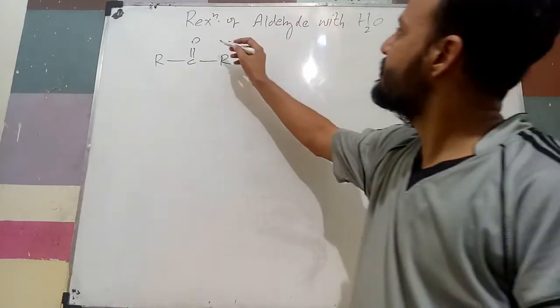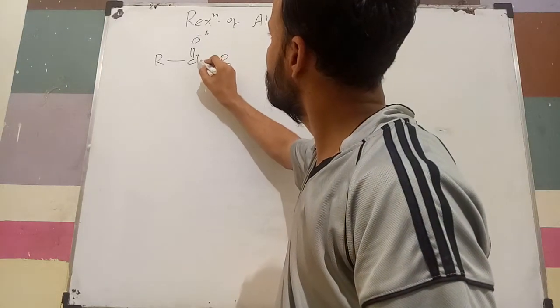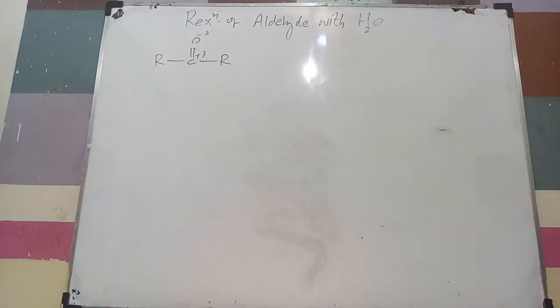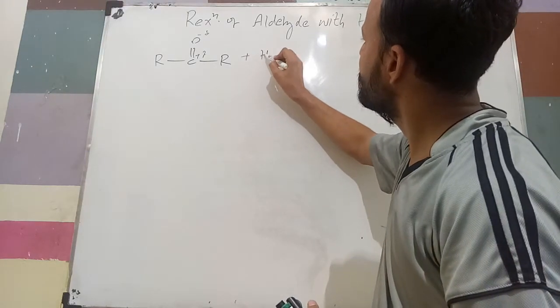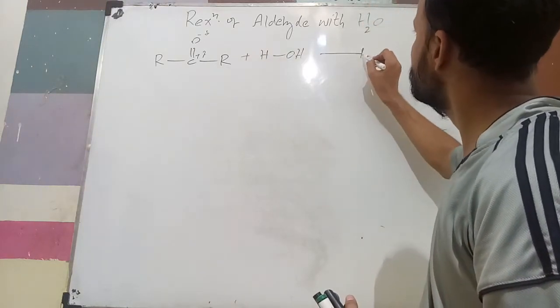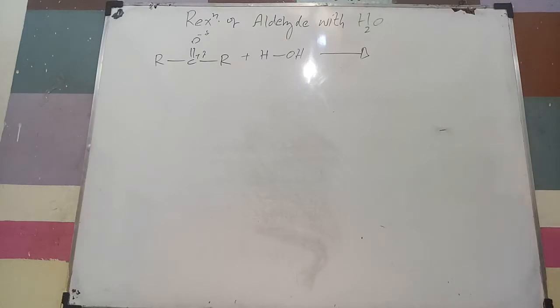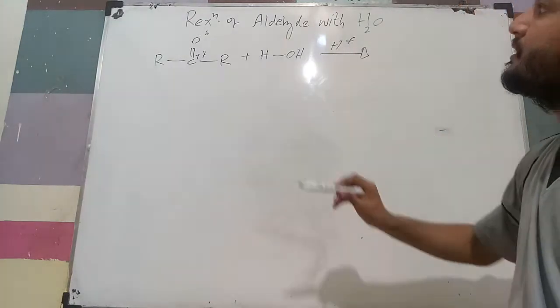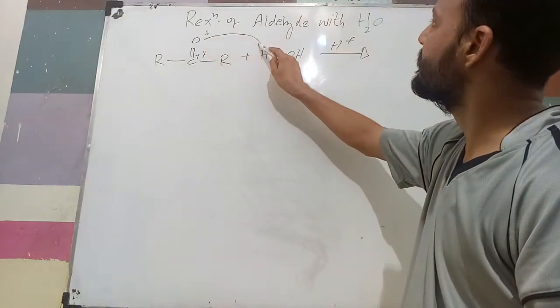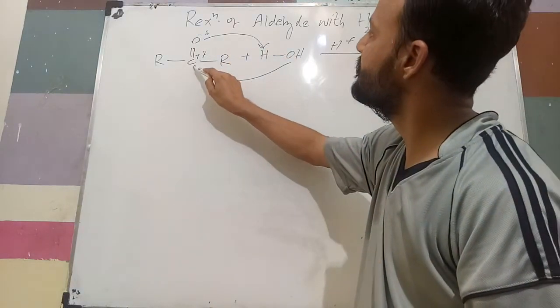But we already know this is the partial negative, this is the partial positive side. This will react with HOH, water molecules, in the presence of acidic conditions. This negative will take this hydrogen and this negative will go to this carbon.